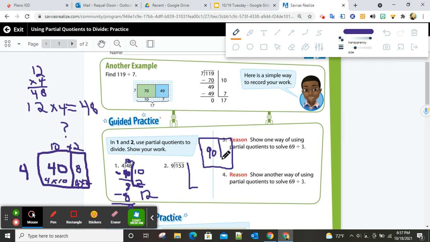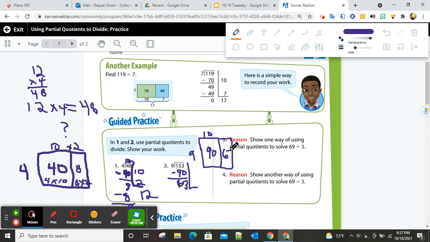I know 9 times 10. So I'm going to write over here 9. 9 times 10 is 90. So then when I subtract 90, I'm going to get 63. And I know my little handy dandy trick with my 9. So I have 63 left here.